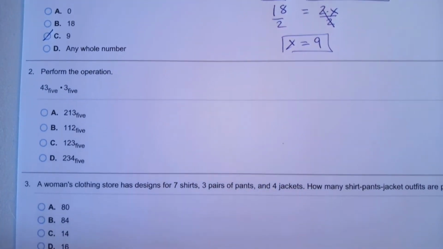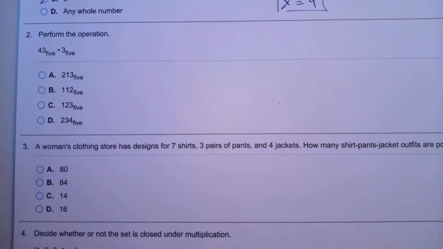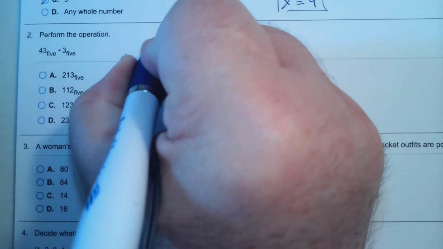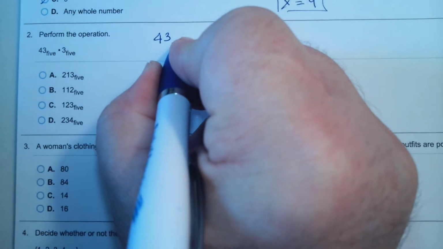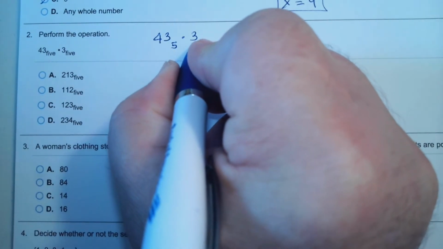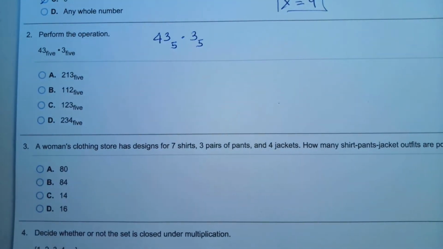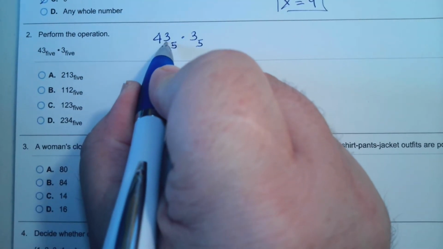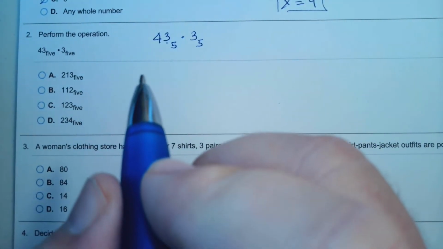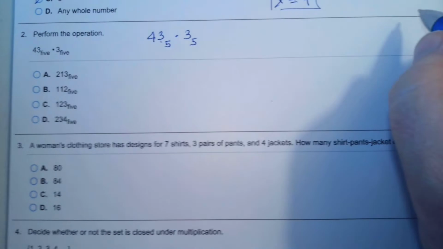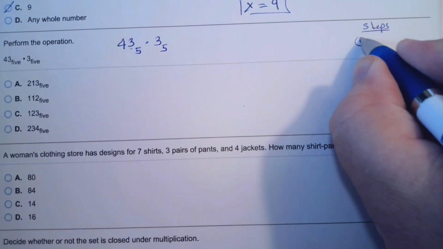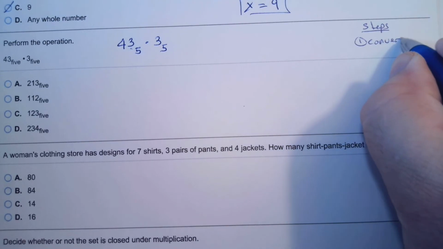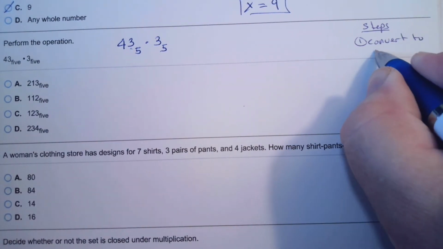Alright, the next one. We have 43 base 5 times 3 base 5. So what we have to do first is convert these into base 10. The steps are going to be these. Convert to base 10.